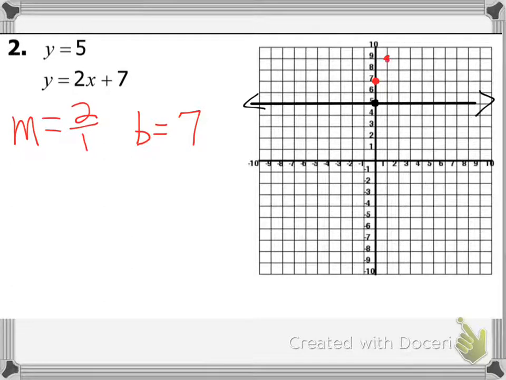Once again, I want you to get as many points as you can on your graph. That's all the points I can get going up. So if we change our signs, I can now go down 2, left 1.